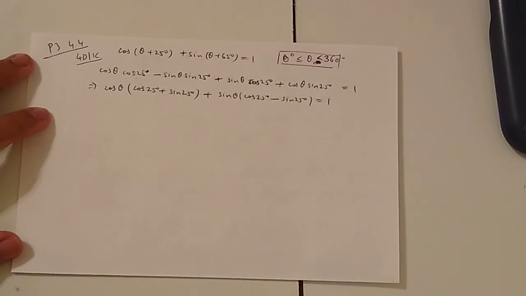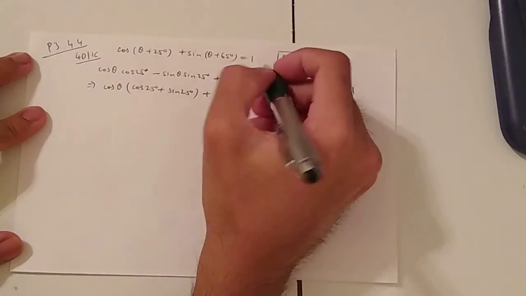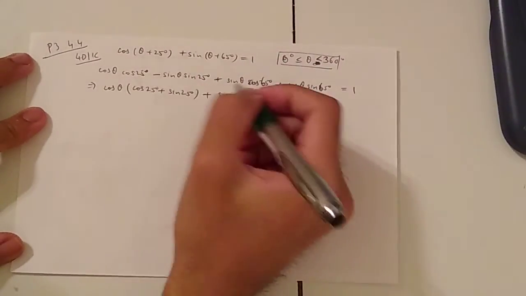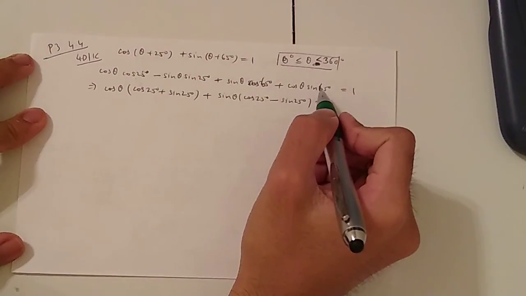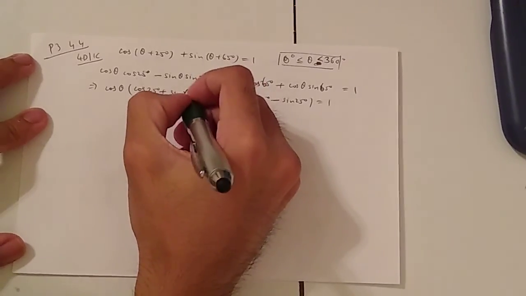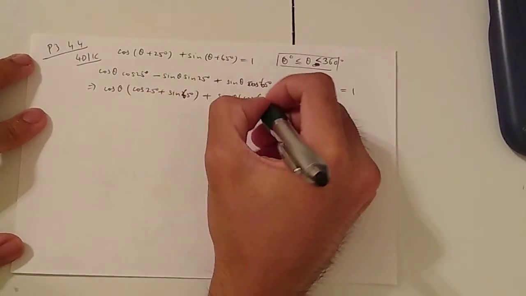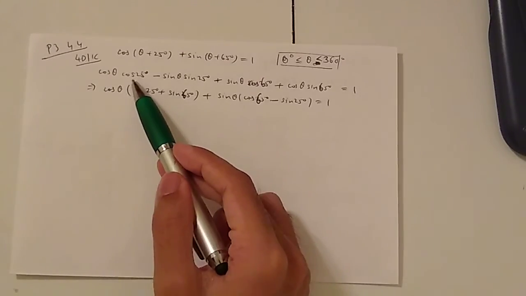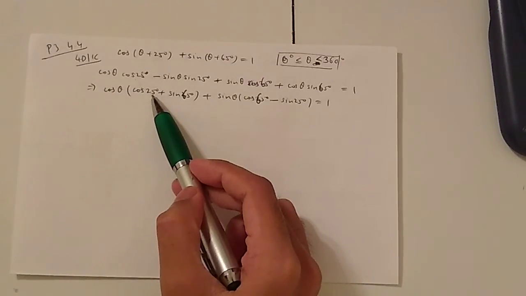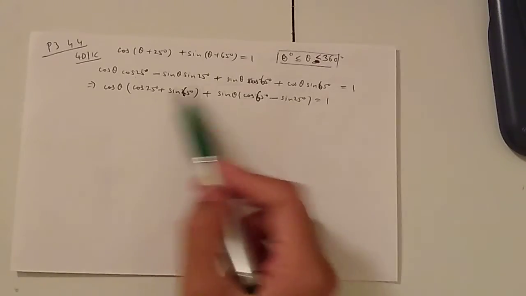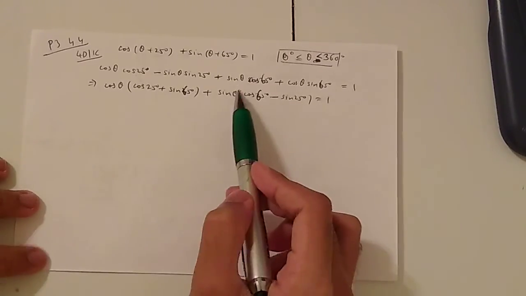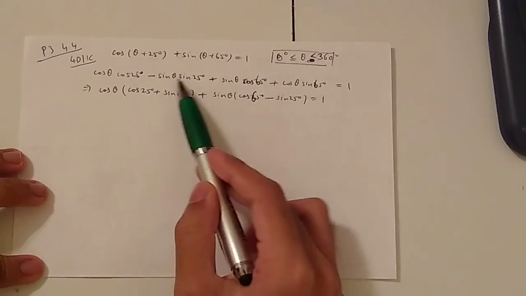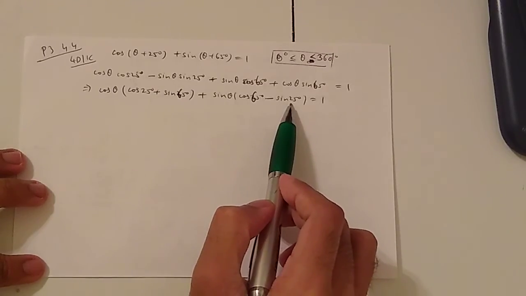Excuse me, this was 65. So again, we have cos theta into cos 25 degrees plus cos theta into sine 65 degrees. Over here you have sine theta into cos 65 degrees minus sine theta into sine 25 degrees.